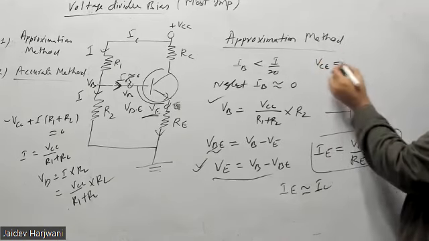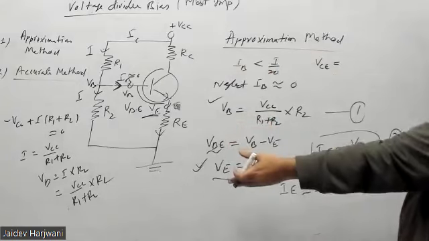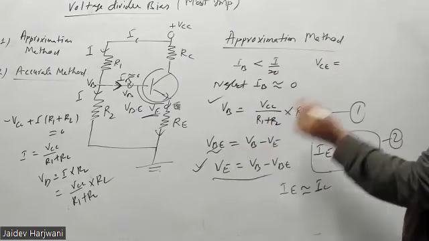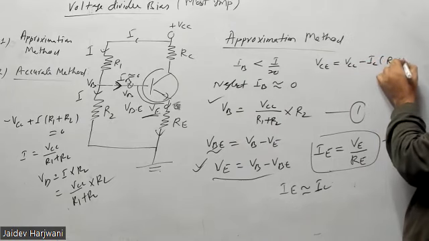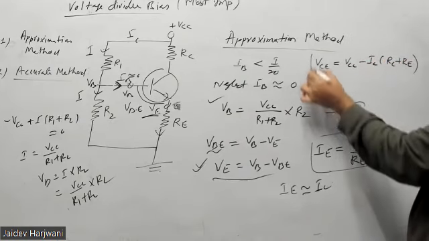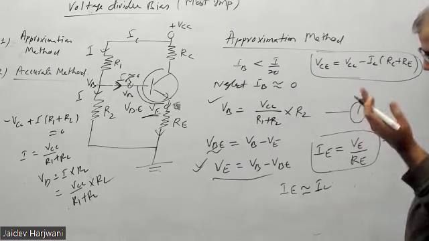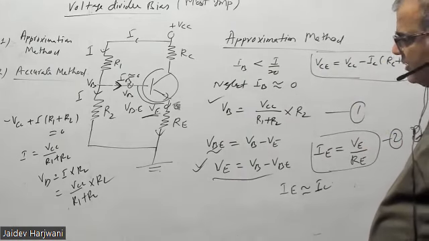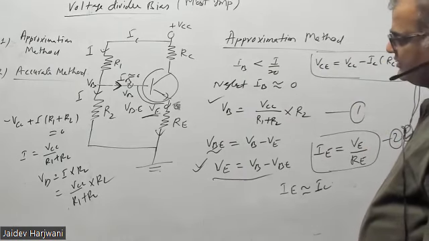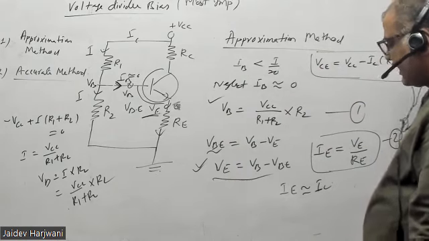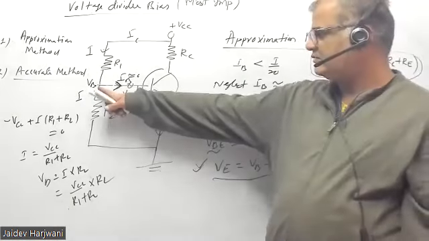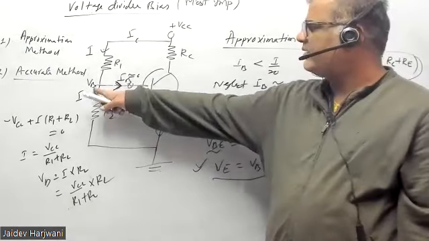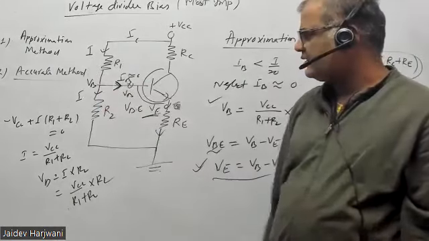You know IE and IC, then you can find VCE. VC in the circuit is, again in the output circuit, the same as the earlier circuit: VCC minus IC into RC plus RE. So the whole circuit is complete. Now I'm not calculating IC equal to beta IB; I'm just finding that this voltage is independent of that.